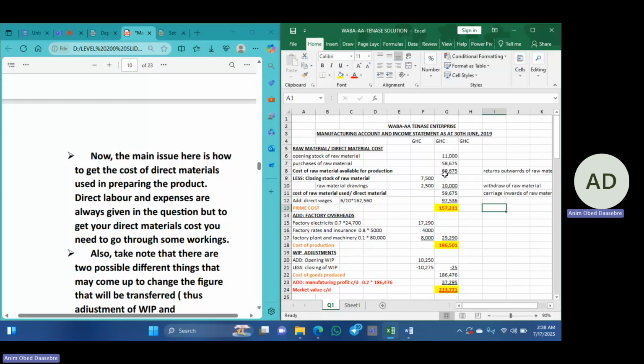Then the next thing to do is what? Less our closing stock of raw material. You less it from it.